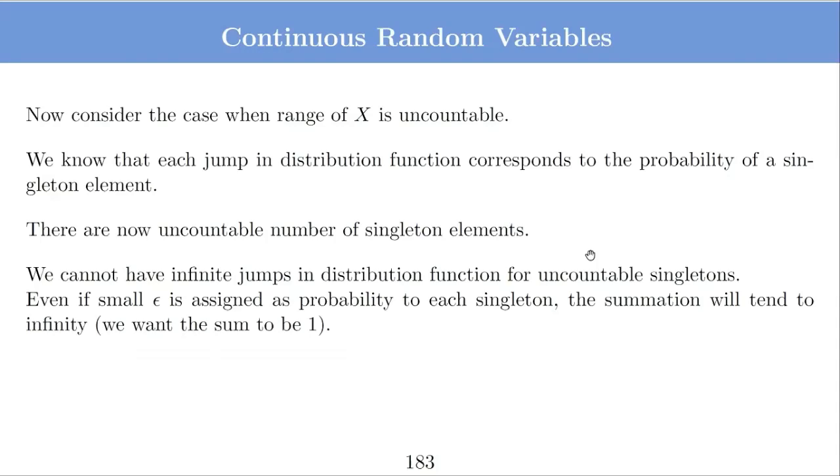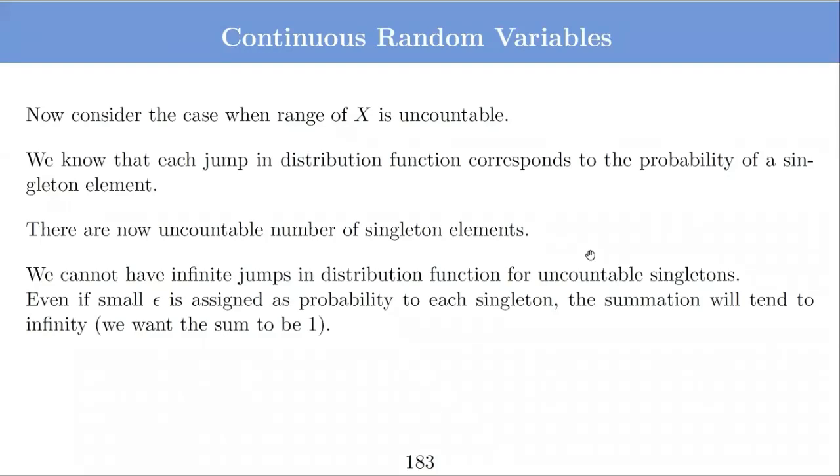So we know that each jump in the distribution function corresponds to the probability of that singleton element. Now there are an uncountable number of such singleton elements because we have taken the range as uncountable. We cannot have jumps in the distribution function for each of these singletons, right?